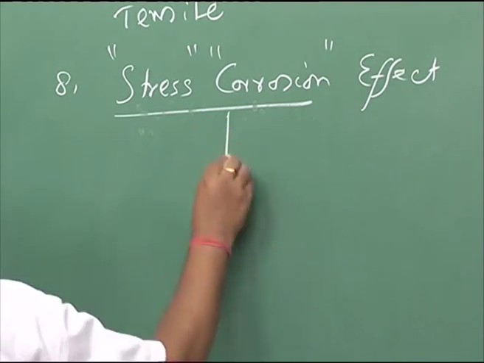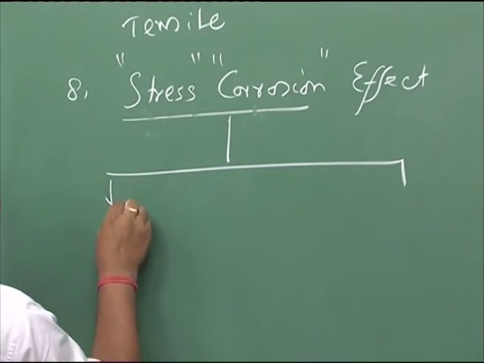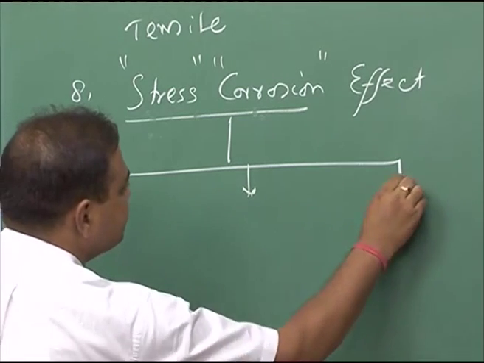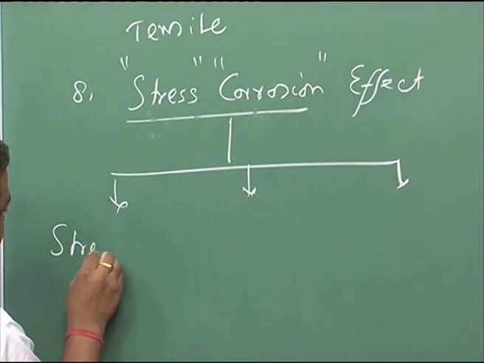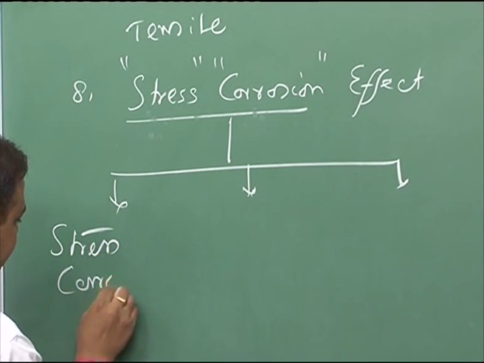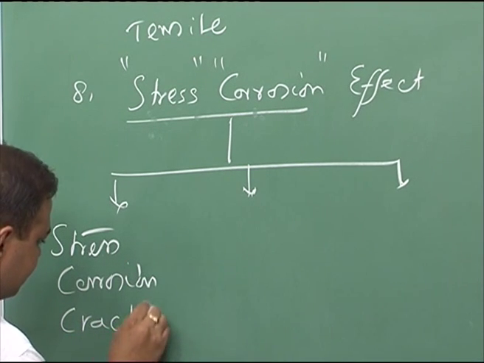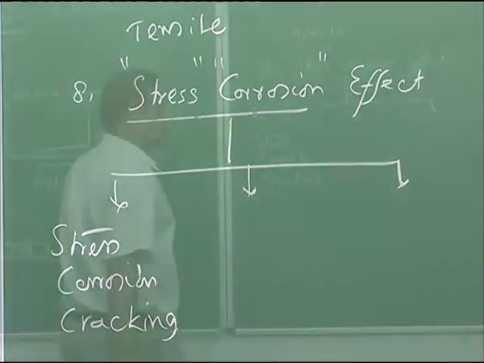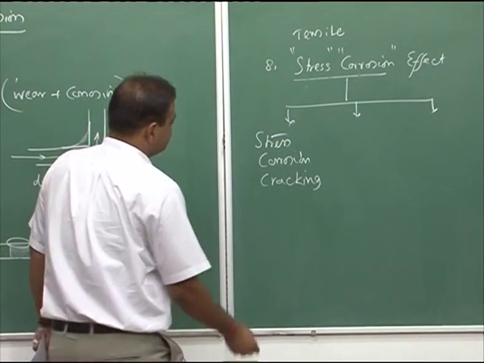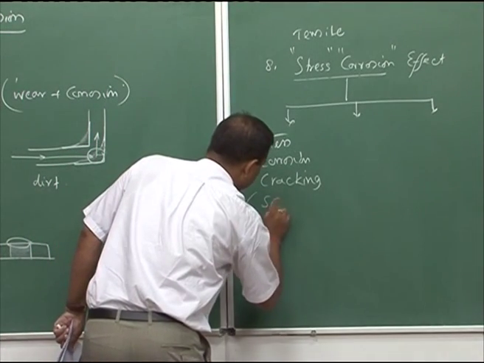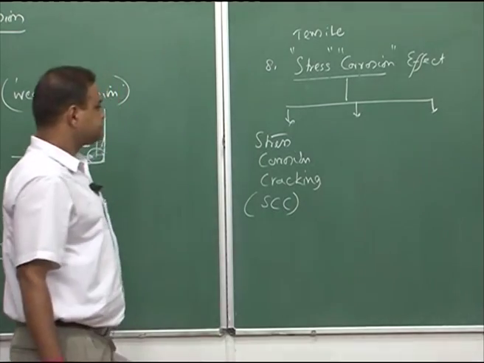It can have different segments. One is stress corrosion cracking, which in short form we call SCC.